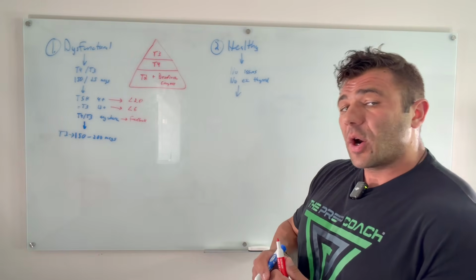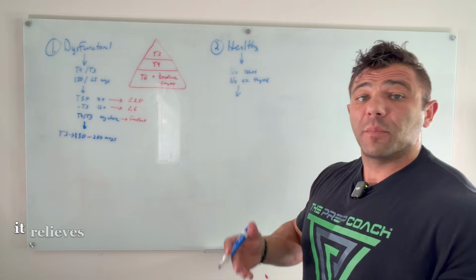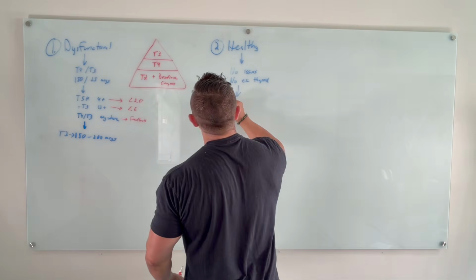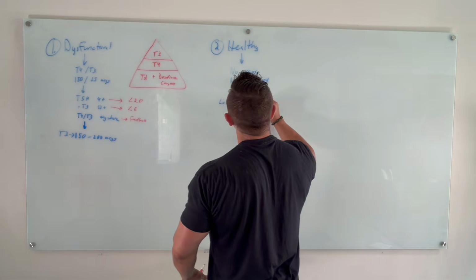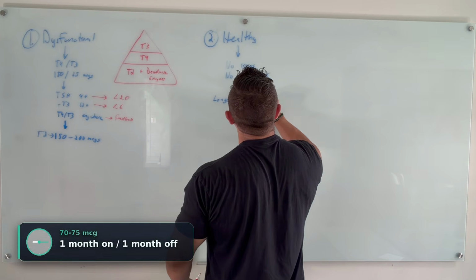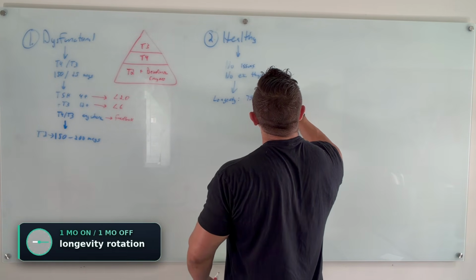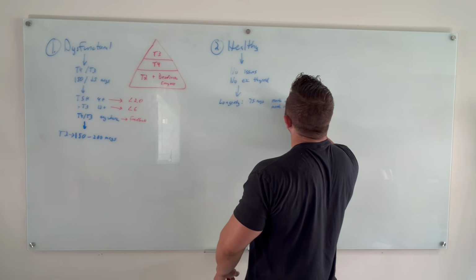So there is the argument to be made to bring in T2 supplementation sporadically just to relieve some pressure off the gland. If you were trying to do this purely for longevity purposes, you could run about 70, 75 micrograms, 1 month on, and then 1 month off.